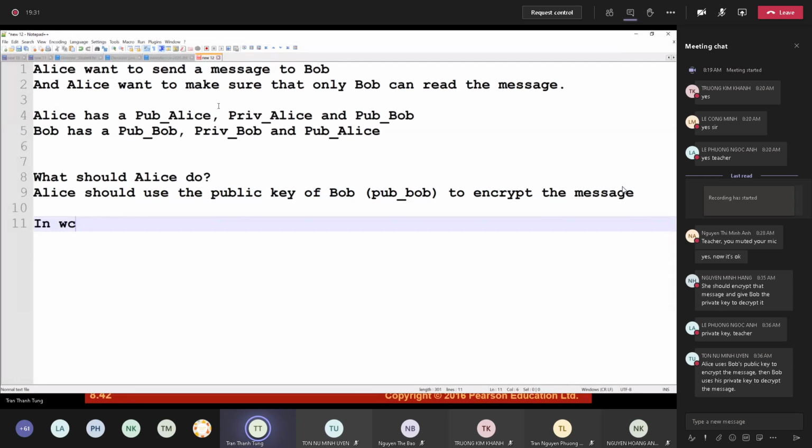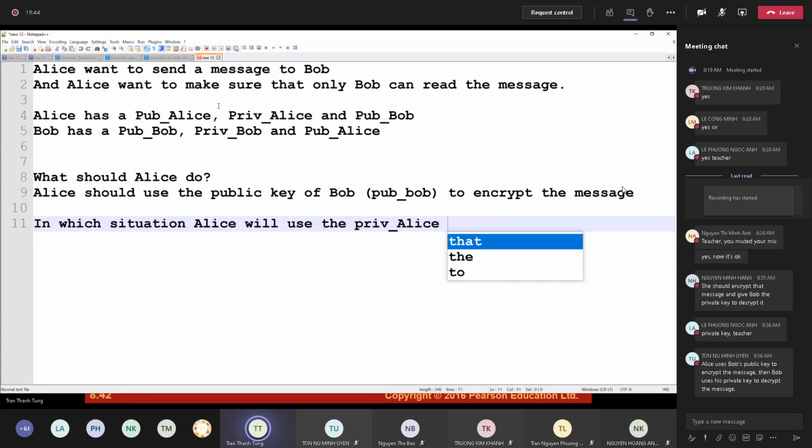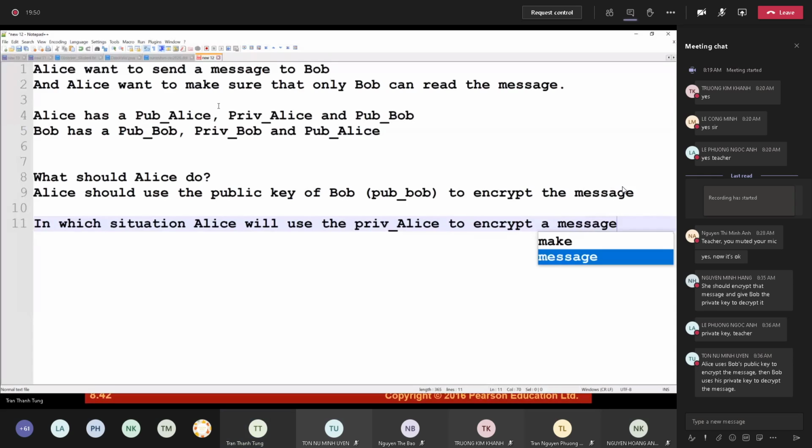In which situation will Alice use the private key of Alice to encrypt the message? So everyone think about this one.